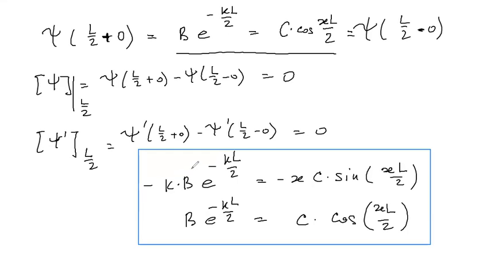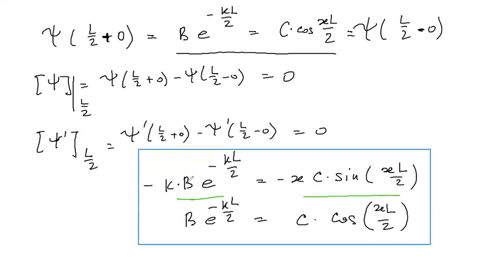In this case, I'm going to cancel B and C, and I'm going to get an equation only for energy. This is a little bit non-trivial, but if you can see this, it would be nice. So what if I take left side and divide it by the right side?